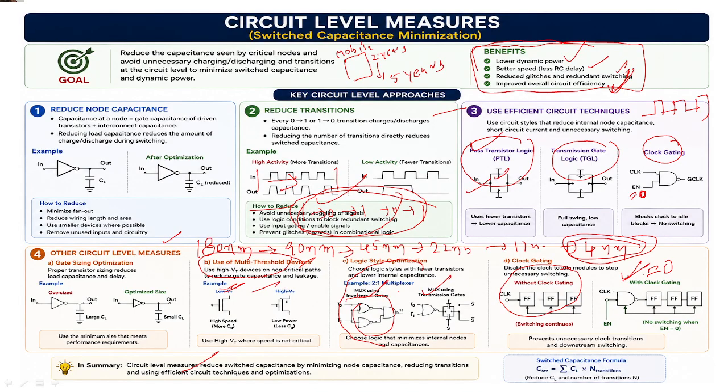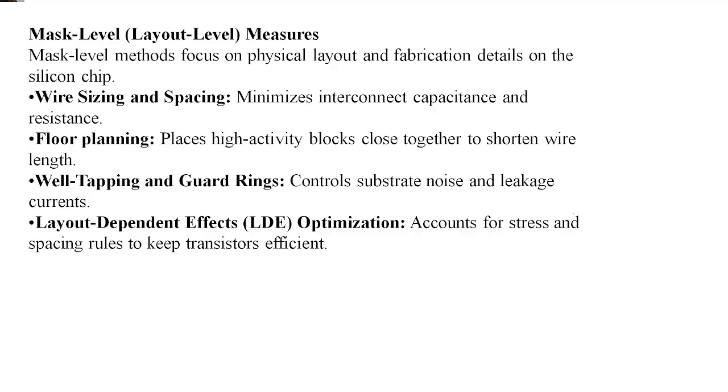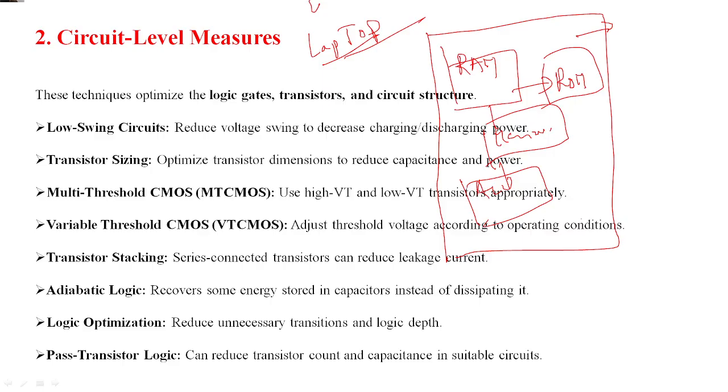Not only this, they are also using MTCMOS technology and VTCMOS technology to reduce the power consumption, and also parallel processing and pipelining, to increase the speed of your mobile.